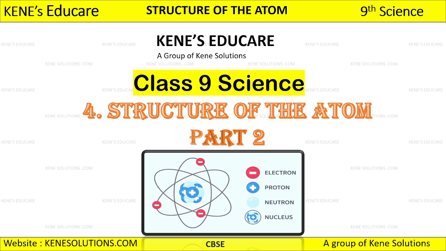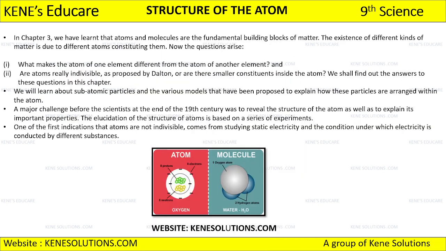After whatever you have written in your book, we studied that in chapter 3 we learned that atoms and molecules are the fundamental building blocks of matter, right? We know that everything around us is made up of molecules and atoms, and that is how it has been built.